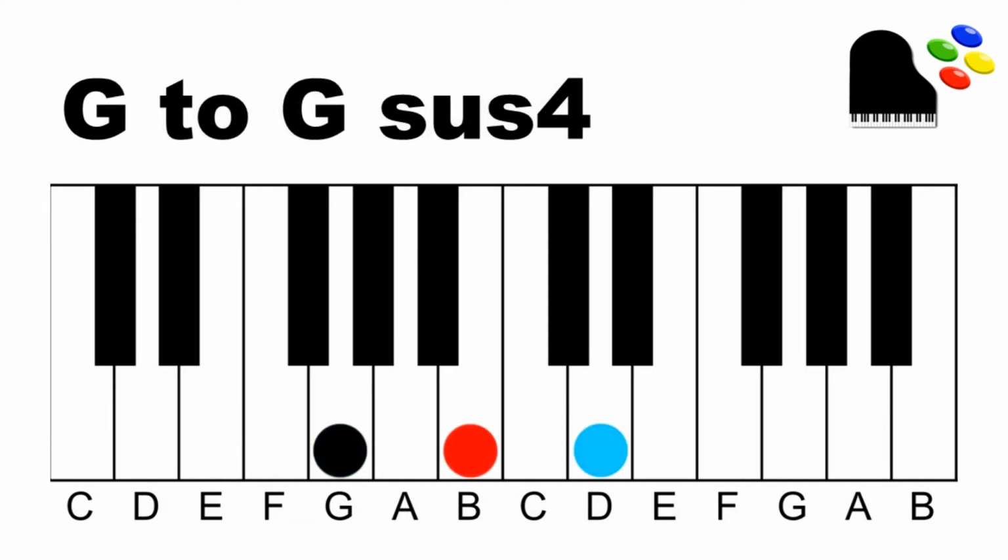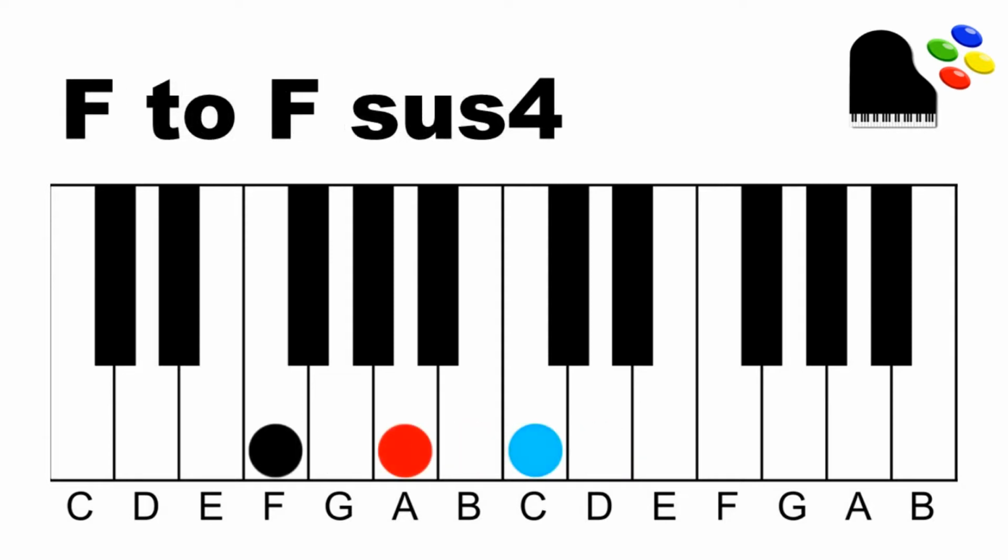Okay, we have our G major chord, right? Root, third, and fifth. We're going to suspend the third, and we're going to play the fourth, and that's a half step up. Here we have our F major, and we're going to play an F sus4. So we're going to take the third, and which note are we going to use to suspend?